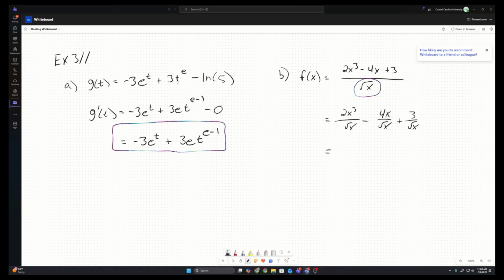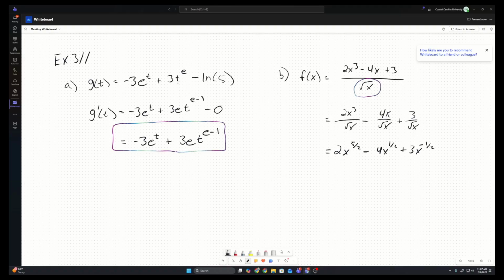The reason I'm doing this is because I can rewrite all these individual things as x to a power. When we divide, the exponents subtract, so it's 2x to the 5 halves, minus 4x to the 1/2. And now this one is funny because there's no x at all, so it just stays as a negative 1/2.